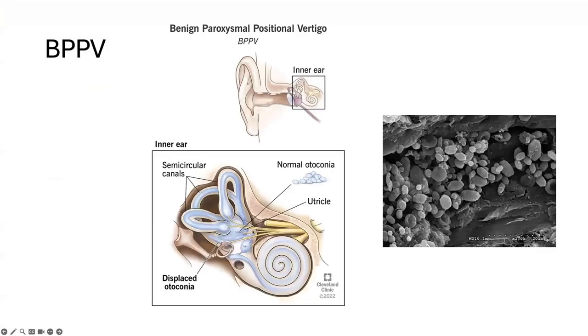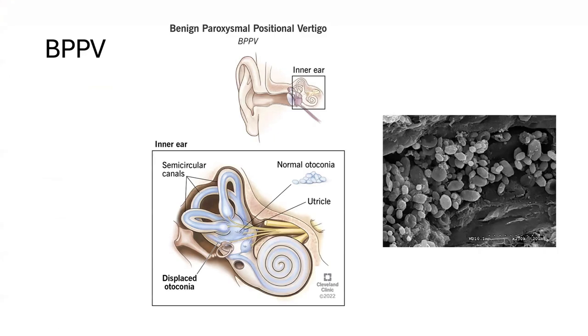All right, so we've got this utricle, and we've got cilia, and this little picture here with the bits of calcium, and these bits of calcium called otoconia should just naturally drop off and reabsorb into the utricle. They don't know exactly how it all happens, but that's the gist of it.